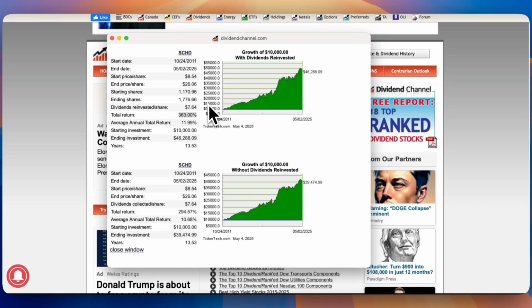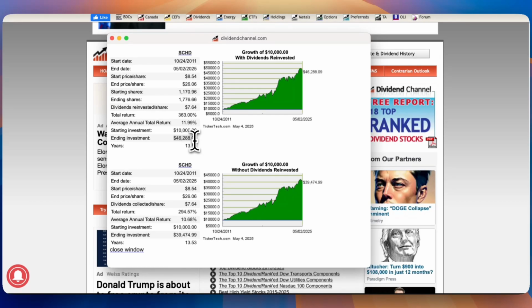That's 160% more than without any dividends. And this is with dividends reinvested, assuming you have dividend reinvestment plan turned on, reinvesting your dividends back into the fund, making that compound interest grow even further. So our $10,000 starting balance is going to end with $46,000.